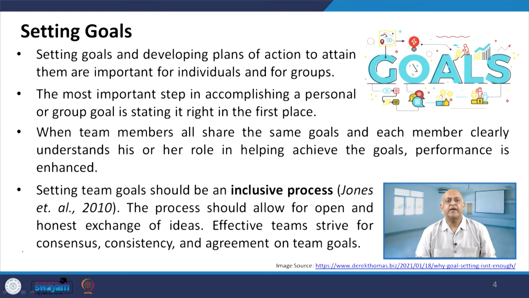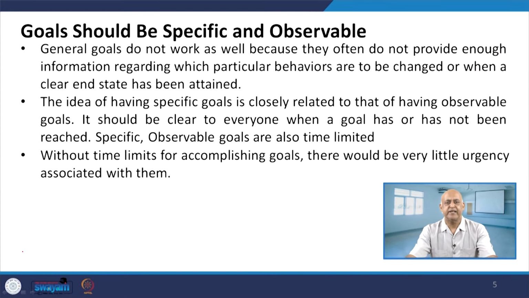Many times it has been seen that earlier the leaders felt it was the responsibility of the leader to set the goals, but now we see that it is an inclusive process. Whenever we talk about the inclusive process, it means all members' opinions are taken into consideration, and then the ultimate responsibility of fixing the goals remains with the leader.